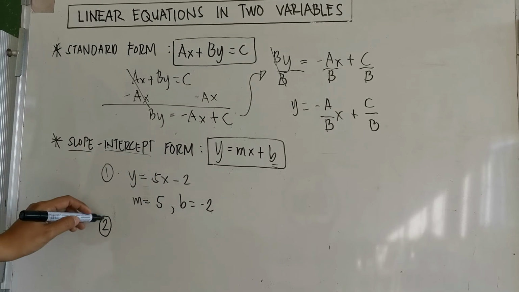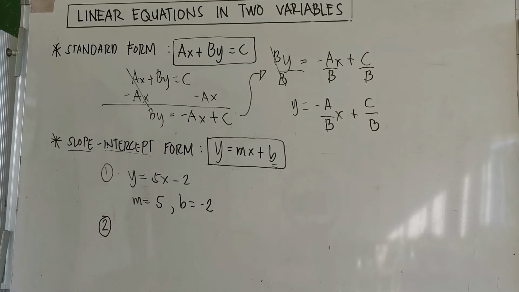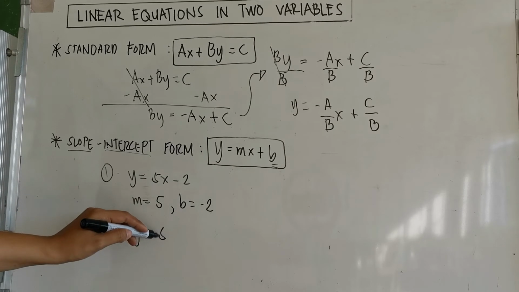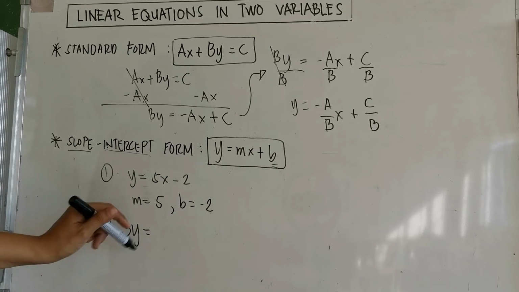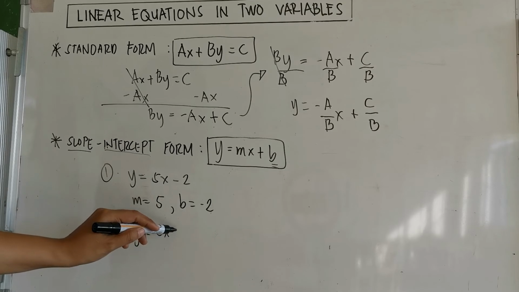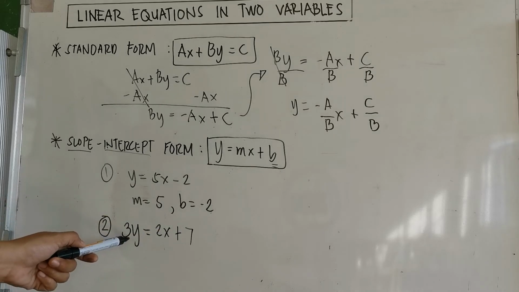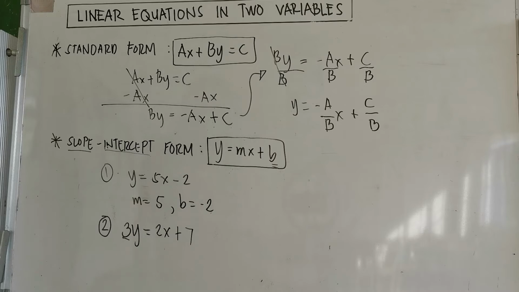Okay? Number 2, let's say we have 3y is equal to 2x plus 7. Okay, to get the values of m and b, take note that dapat wala tayong coefficient beside y.